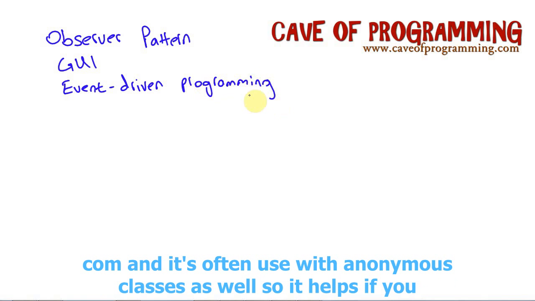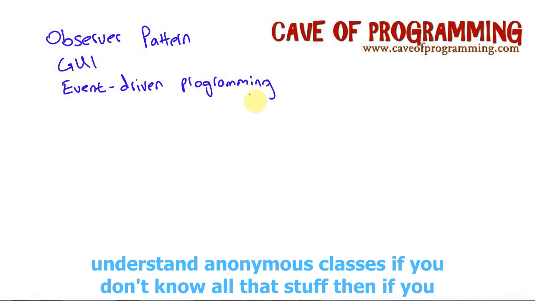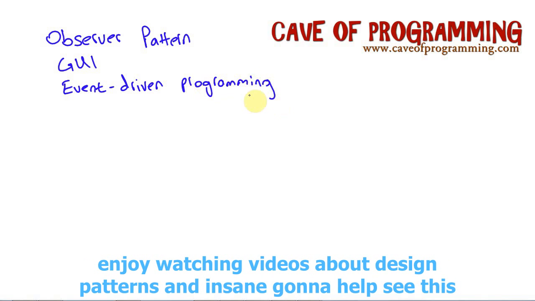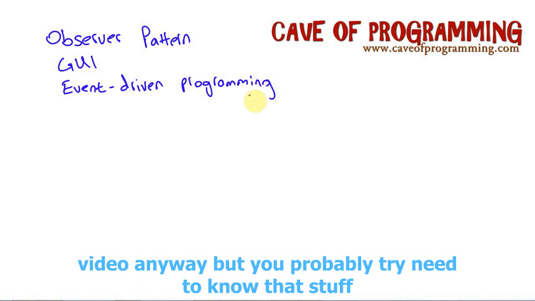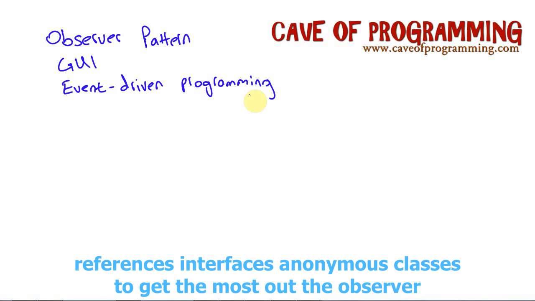And it's often used with anonymous classes as well, so it helps if you understand anonymous classes. And if you don't know all that stuff, then if you just enjoy watching videos about design patterns, it's certainly going to help to see this video anyway. But you probably find that you need to know that stuff, references, interfaces, anonymous classes, to get the most out of the observer pattern.